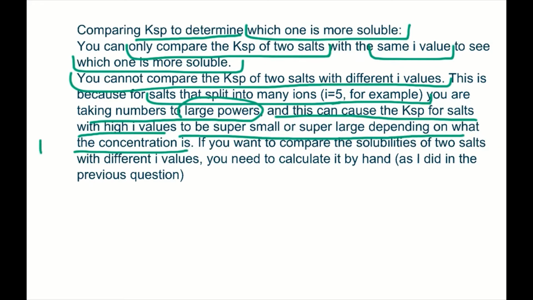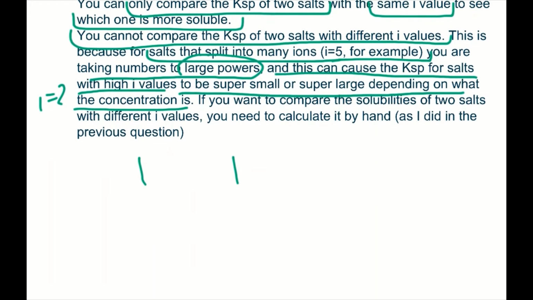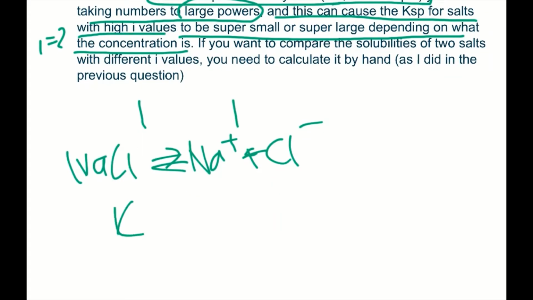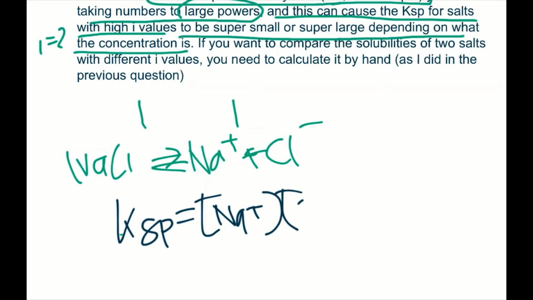Meanwhile, for something like i equals 2, you might be taking things only to the first power, because for i equals 2, for example, sodium chloride becomes sodium plus and Cl minus, and let me put a double arrow there. So the Ksp for something with i equals 2 would equal, well, let's see, it would equal sodium plus, of course, and Cl minus.